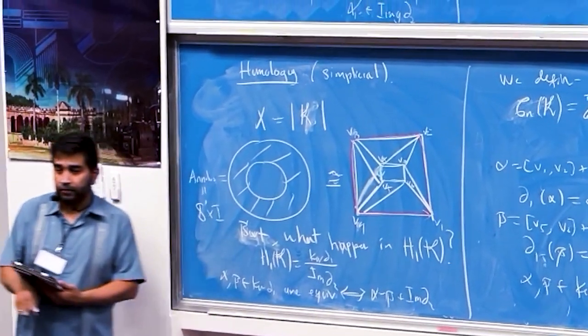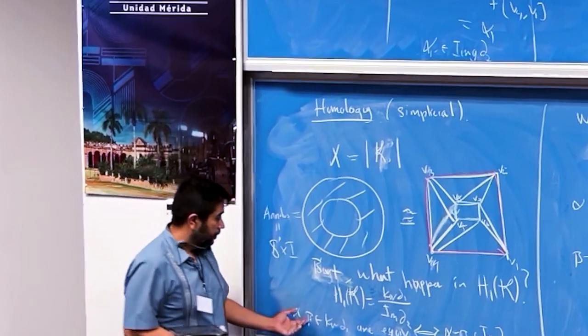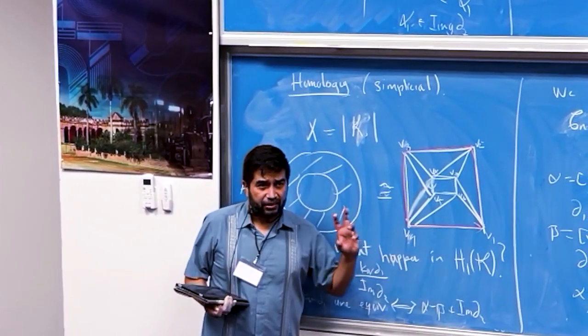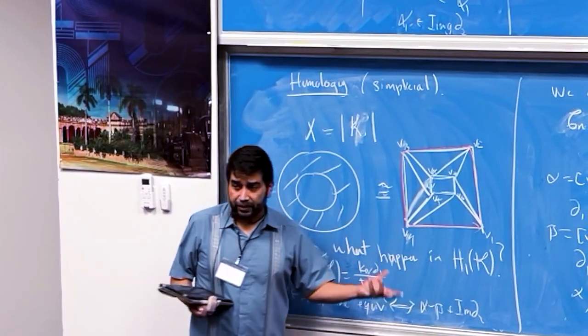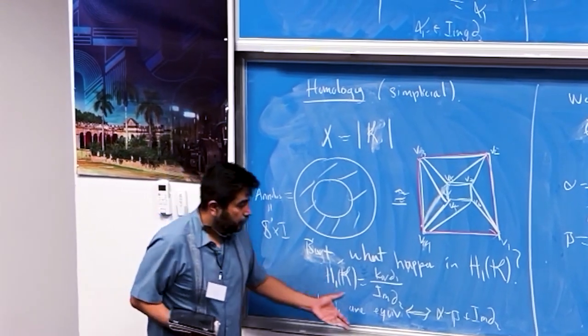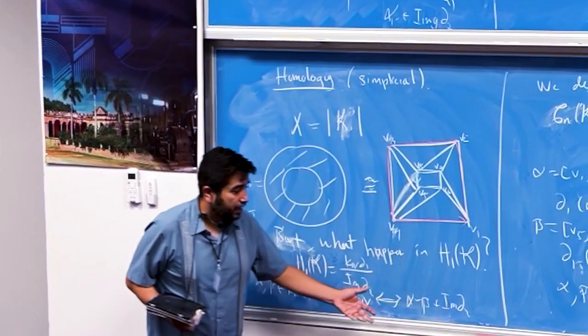That's the definition of homology. They are homologous if and only if their difference is in the image of delta 2. So are alpha and beta homologous?